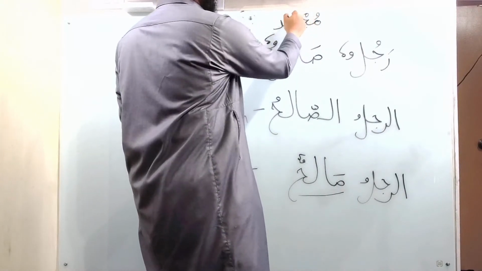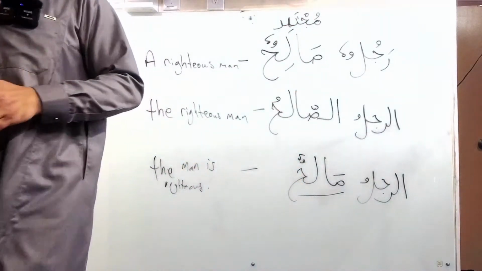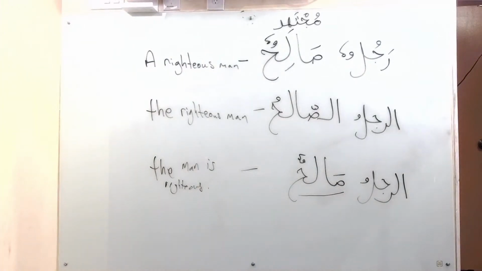So, rajulun mujtahidun is going to be a hard-working man. Ar-rajulu al-mujtahid is going to be the hard-working man. And ar-rajulu mujtahid is going to mean the man is hard-working.